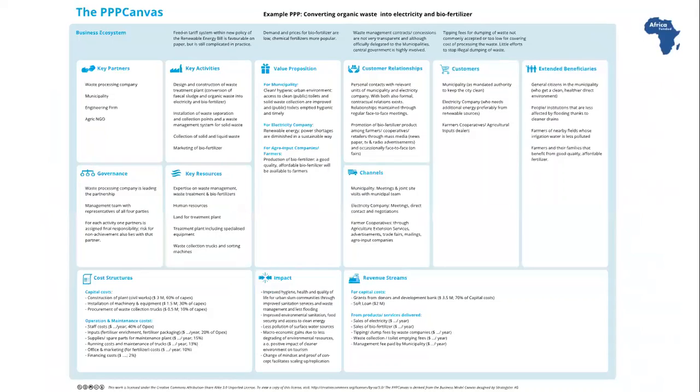Here you see, for example, the extended beneficiaries are the people in the city, but the municipality is the one who pays for the service to keep the city clean. In the value proposition, you also see what is offered to the municipality, that is, of course, a clean environment. Another customer group is the electricity company, and for them, the offering is renewable energy, to balance out their power shortages.